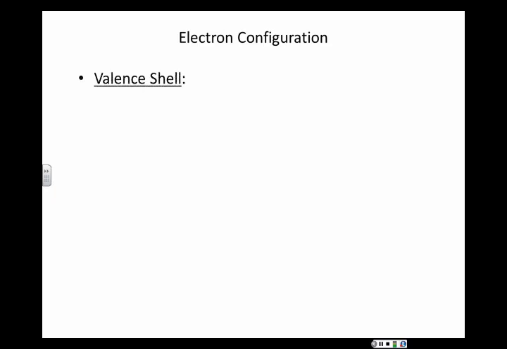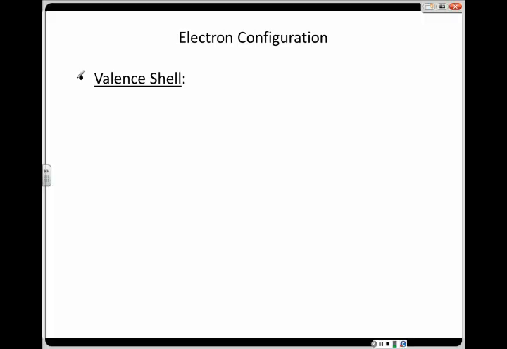Now, it's funny, I've already talked about these concepts in chapter 3, but I'm just going to put names to them now. Remember how I was talking about how what really dictates the properties of an element are the electrons in its highest energy shell.